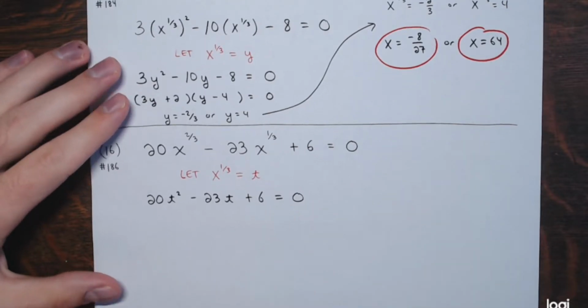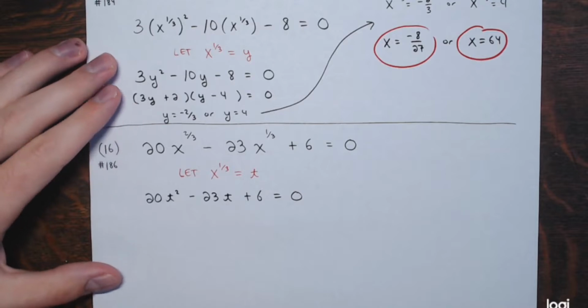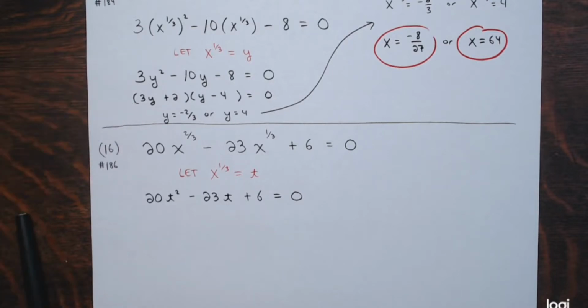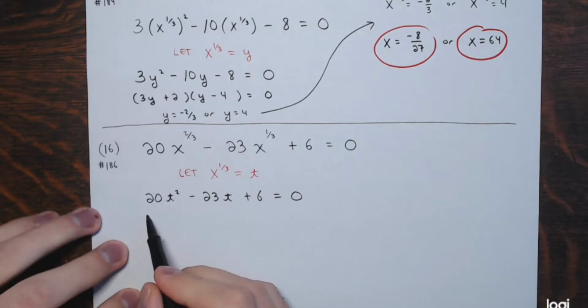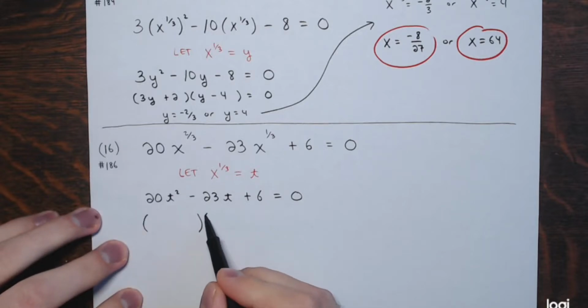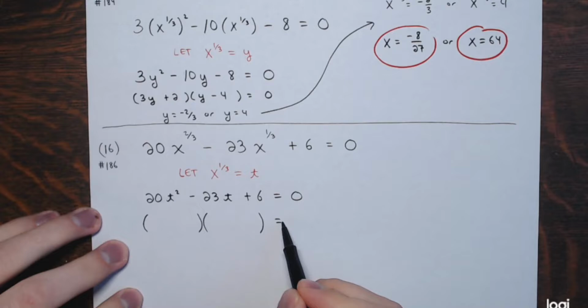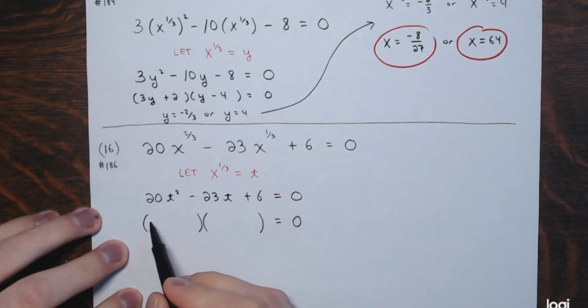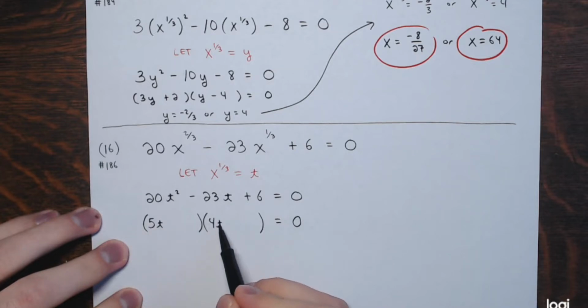Let's see if this is factorable. I'm going to pause for a second. Alright, so I do see how this can factor now. Playing with it in my head for a little bit. This would have to be 5t and 4t for the 20t squared.